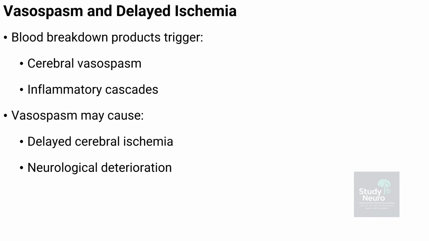That narrowing can reduce blood flow enough to cause delayed cerebral ischemia, especially in vulnerable brain regions. When perfusion drops, neurological function begins to worsen over time. Patients may show a gradual decline in their exam rather than an immediate change, which is why continuous monitoring is important. It is a delayed vascular response with real ischemic consequences.